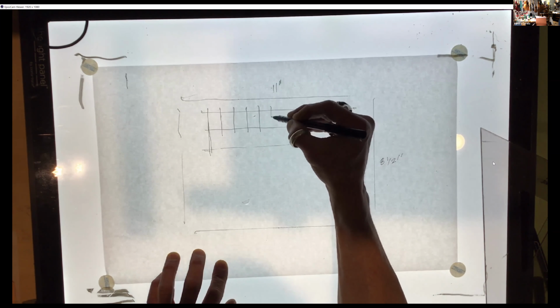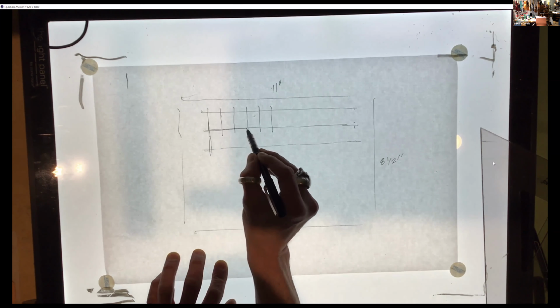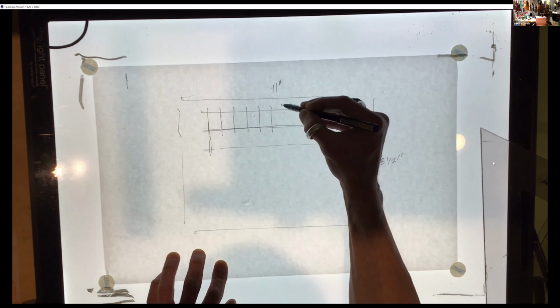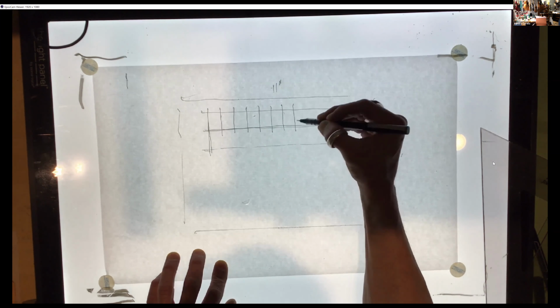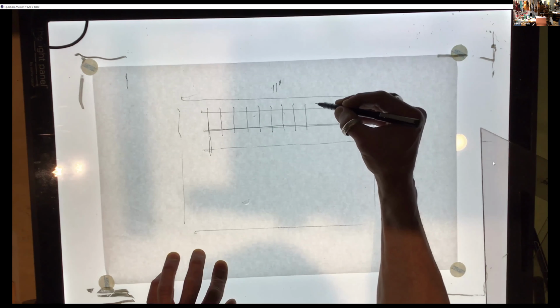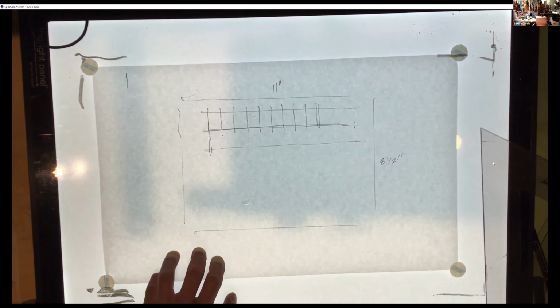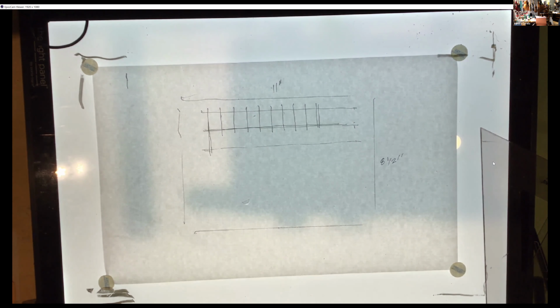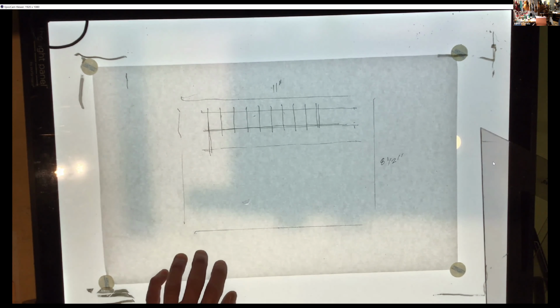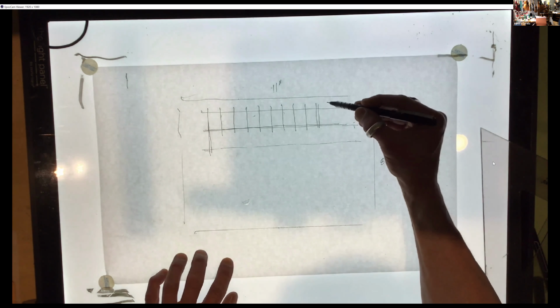See, when you make these divisions, that one's too small, I can tell. I made a mistake. Don't be afraid to draw over what you already drew. You don't have to do this in pen. You can do it in pencil. I'm doing it in pen so you can clearly see what I'm doing.